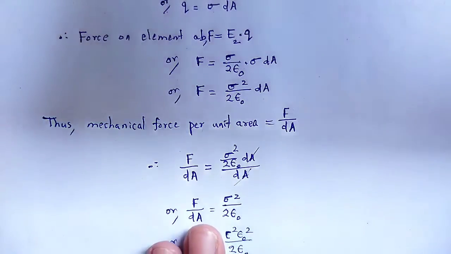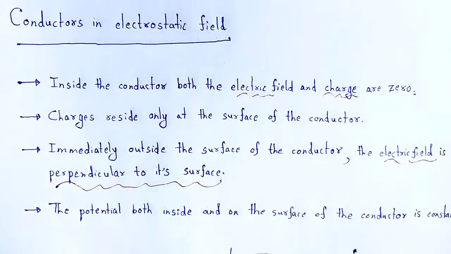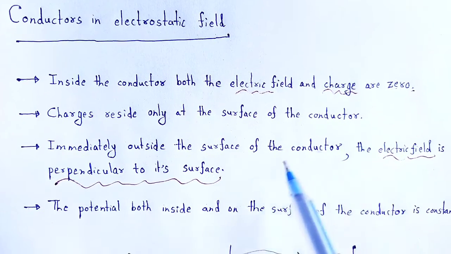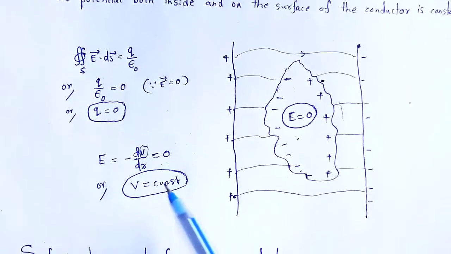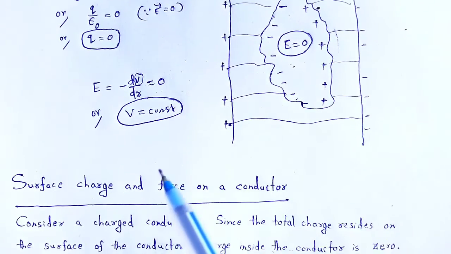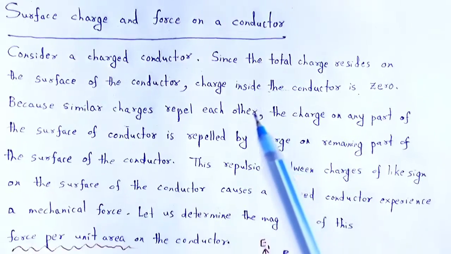So with the help of this video lecture we understand what happens when a conductor is placed in an electrostatic field. These are the points and explanations, and the concept of surface charge and force on a conductor.